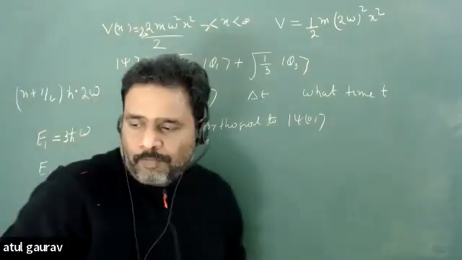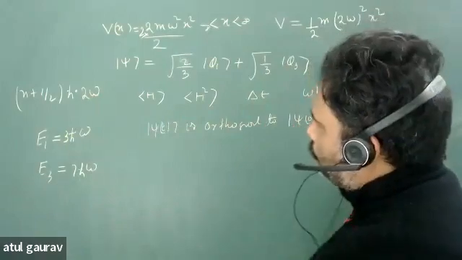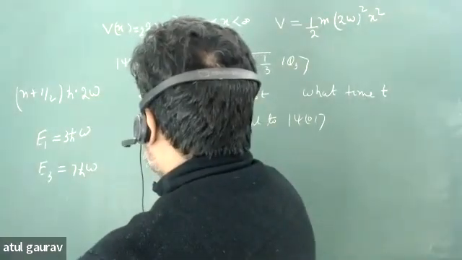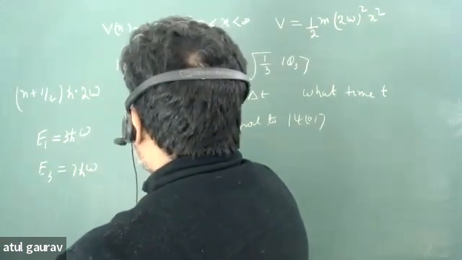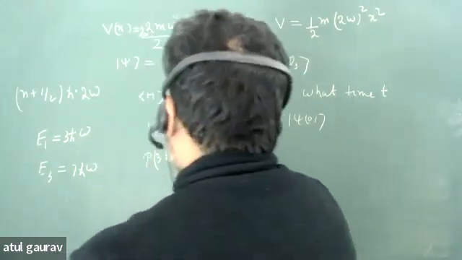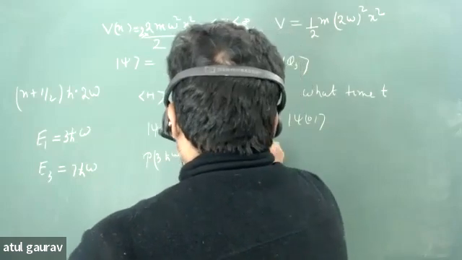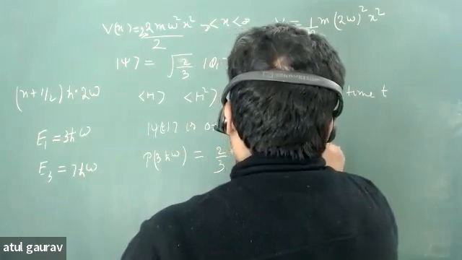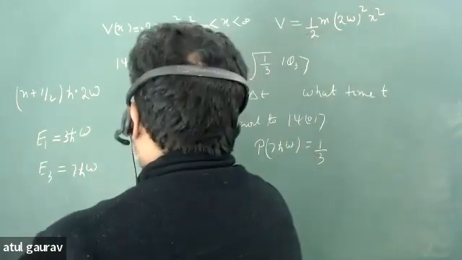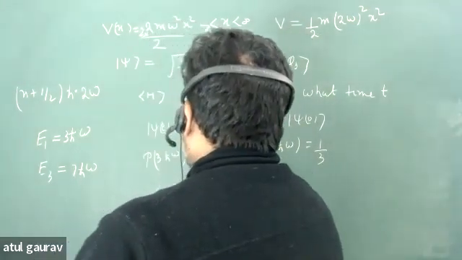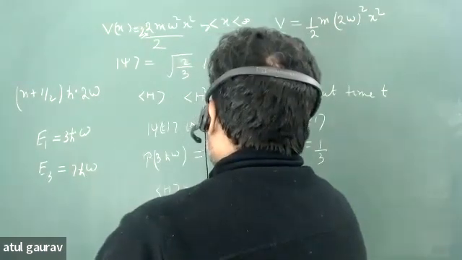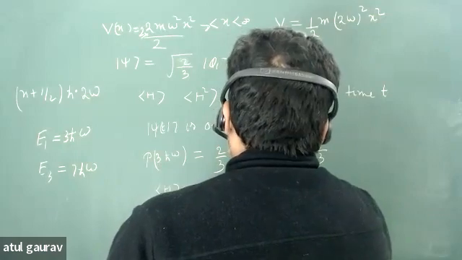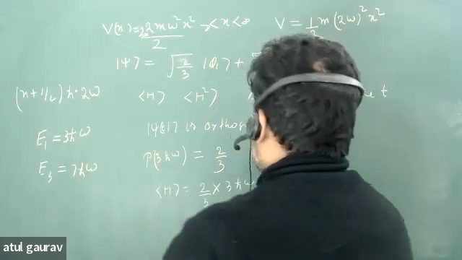Okay? Good. Chaliye. So what will be the probability of getting 3 h cut omega? 2 by 3. What is the probability of getting 7 h cut omega? 1 by 3. What is the average value of H? 2 by 3 into 3 h cut omega plus 1 by 3 into 7 h cut omega.